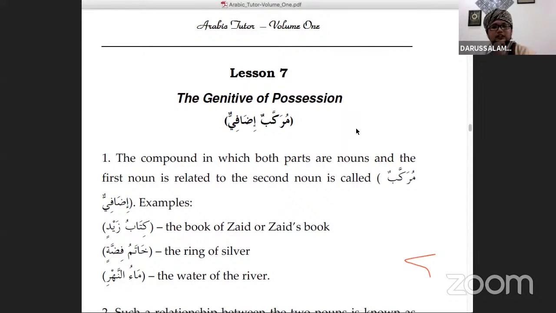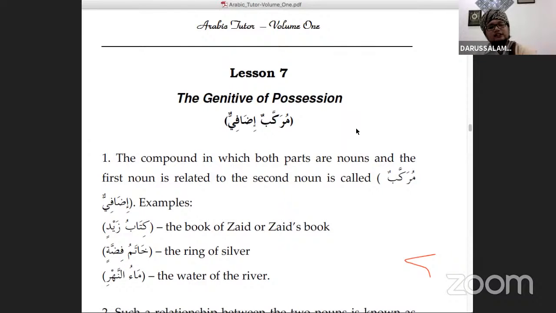Or we use the Kelantan dialect. Kecek Kelantan kita sebut apa? Cincin hak apa? Cincin hak perak tu, gitu. You see? Air sungai itu, understand? Air milik sungai itu, like that.